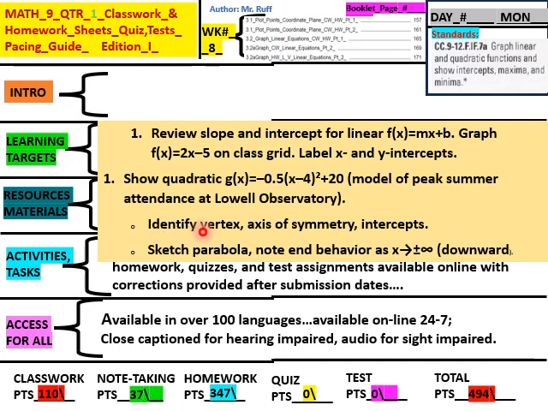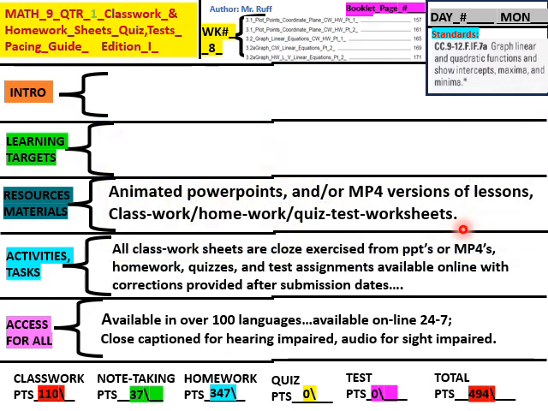And then identify vertex, axis of symmetry, and intercepts. Sketch parabola, note end behavior as x goes to positive and negative infinity, which is downward. So that's really what we're going to be doing here.